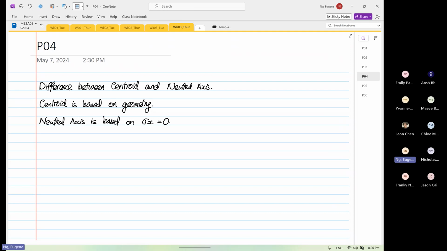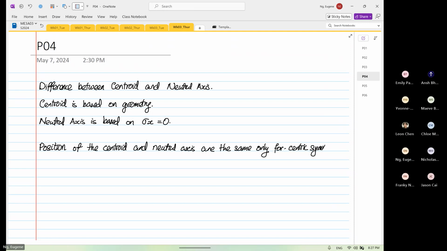Okay, so position of the centroid and neutral axis are the same only for centric symmetrical bending. Okay, only the same for that.